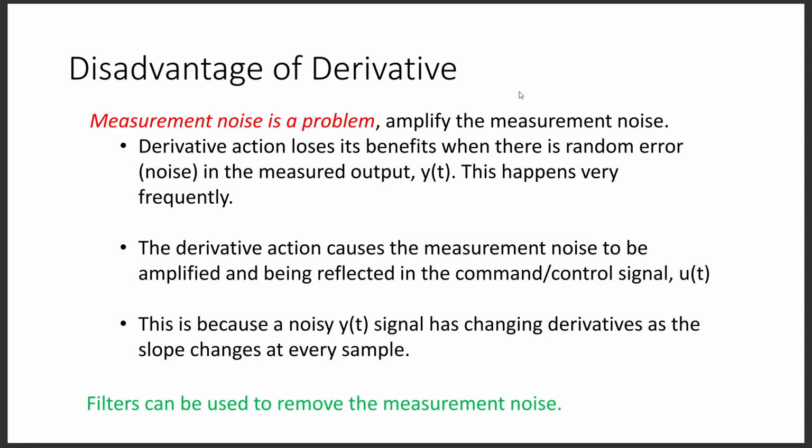Noise is very quick ups and downs in your signal, and that's what taking derivative is sensitive to. It sees those ripples and jumps up and down, and it amplifies them. So the derivative action loses its benefits when there is a random noise. The derivative action causes the measurement noise to be amplified, and it reflects that in your controller.